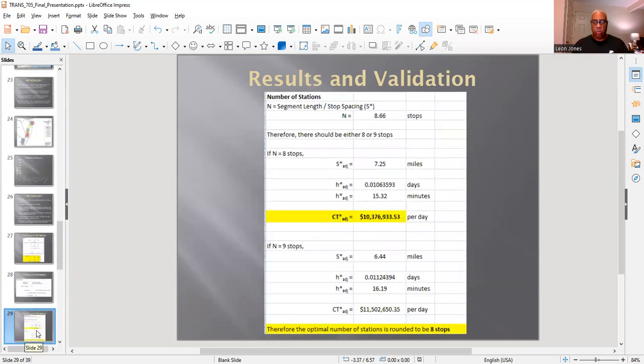Number of stations, number of stops. So basically, with all this information that I've given you, we're going to come up with 8 to 9 stops. But again, because of the estimate of cost, I actually chose 8 stops instead of 9.